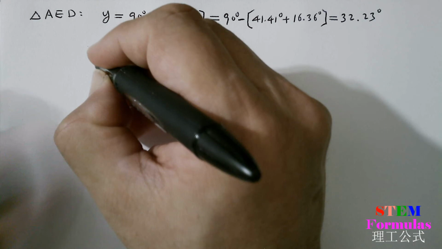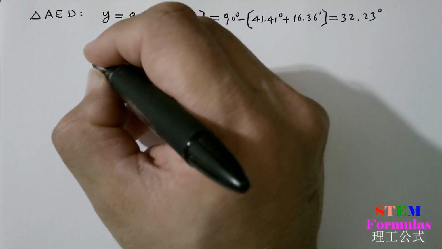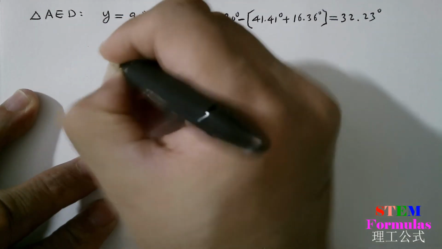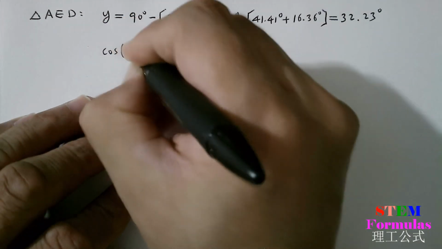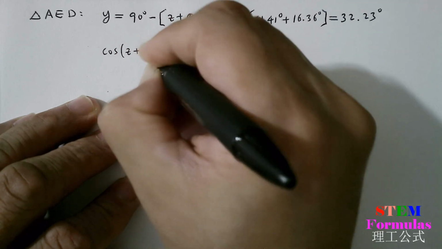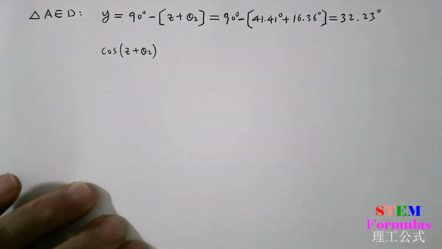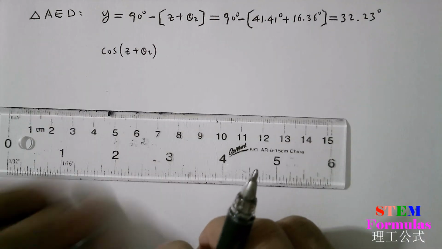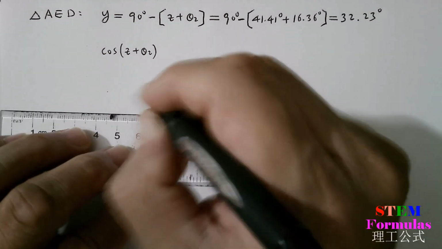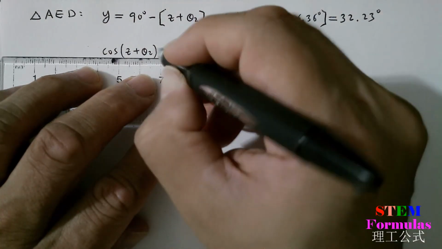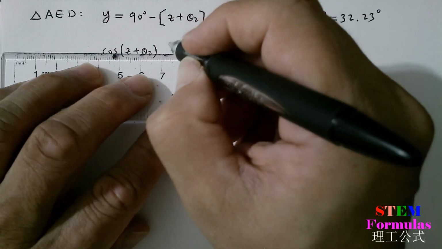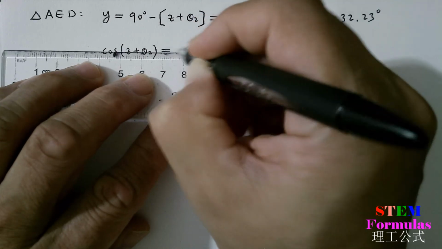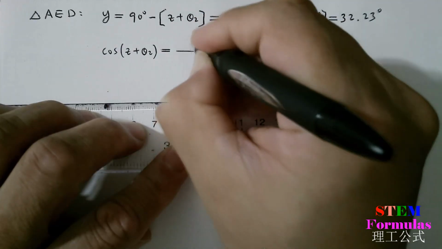And cosine of (z plus θ2) equals a divided by p.